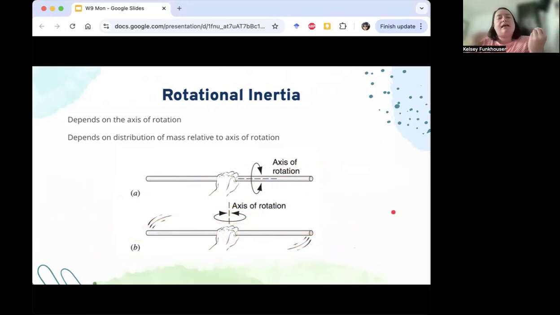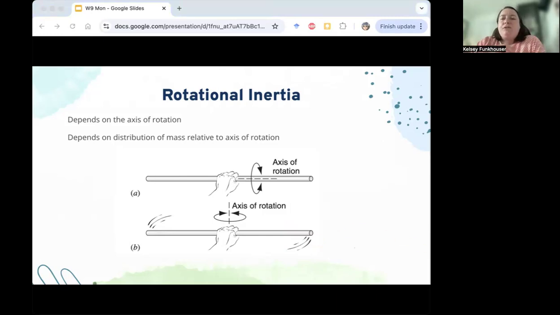And so what that tells us is that the rotational inertia is bigger for the situation where most of the mass, or at least a good amount of the mass, is far away from the axis of rotation. And it's working along that same principle as the torque, where if our force is applied close to the axis of rotation, then it's not going to cause as much torque. It also means we don't have as much rotational inertia.